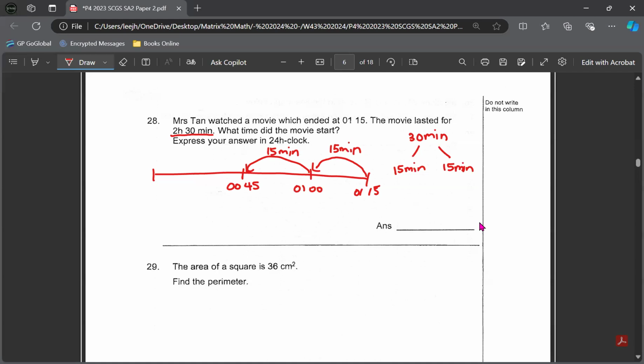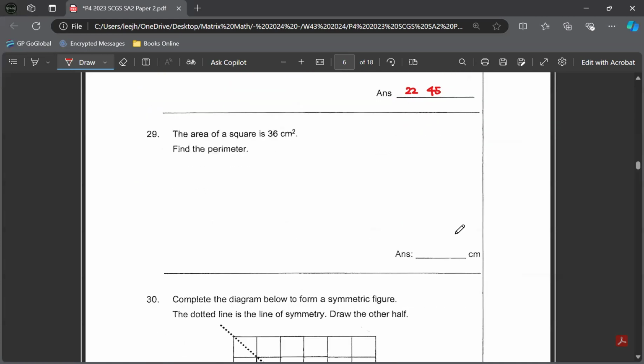This is 1 a.m. Before that is 12 a.m. 12 a.m. is 0045. Then calculate another 2 hours back. So 12 a.m., 2 hours before is 10:45, but 10:45 p.m. in 24-hour clock is 2245. So the answer is 2245. Yeah, you cannot write 10:45 p.m. I want 24-hour clock. So you must follow.